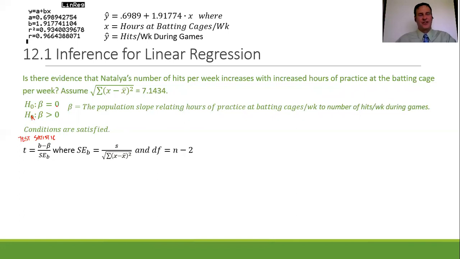Most of the time, beta will be set equal to 0, so most of the time you won't even see this back piece, though it could exist. Then I have that over SEB. If you are not sure what that is, it's the standard deviation of your slopes.